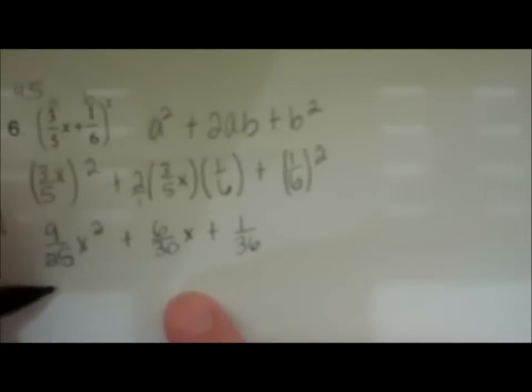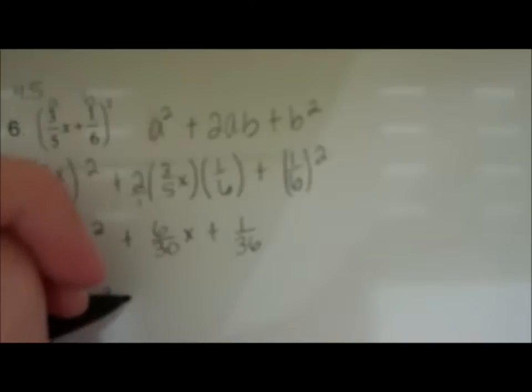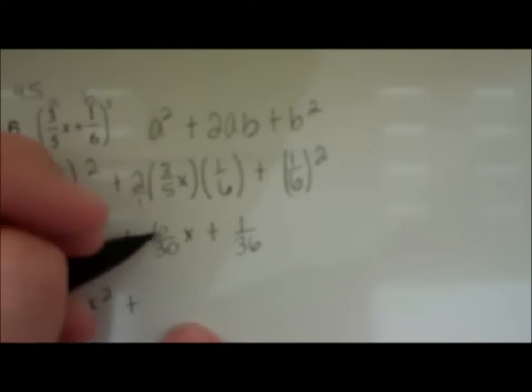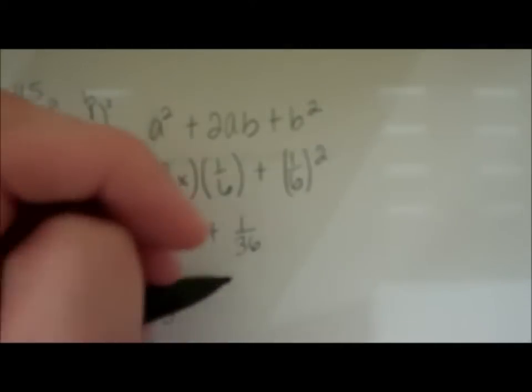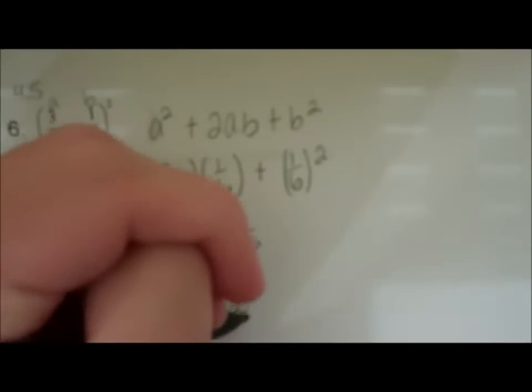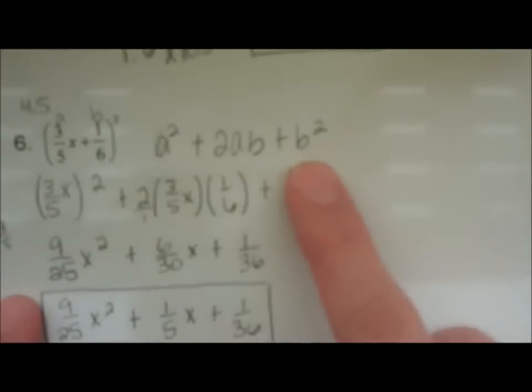Okay, now I'm going to reduce this. So I have 9 over 25x squared. I can divide the top and bottom by 6. When I do that, I get 1/5 x plus 1 over 36. Box that in. Okay, now again, you don't have to solve that in this manner.